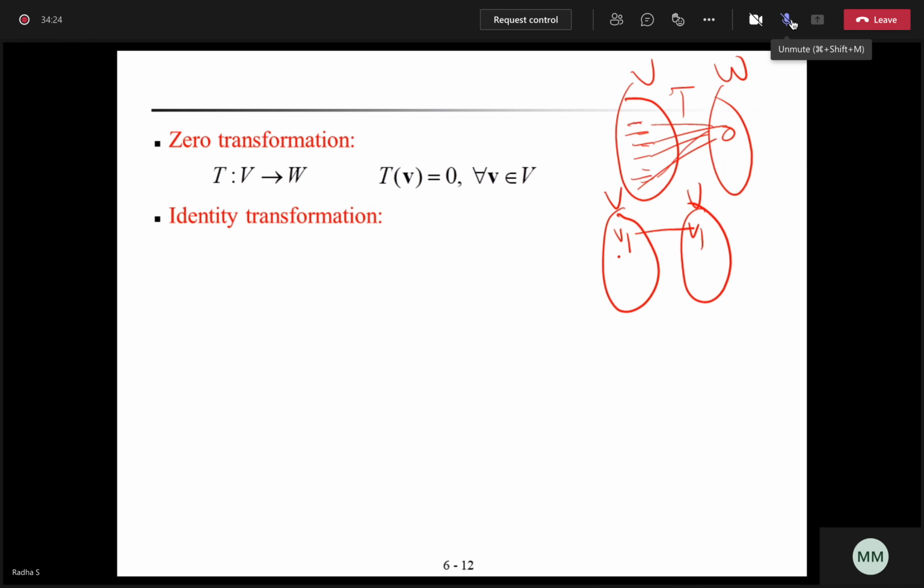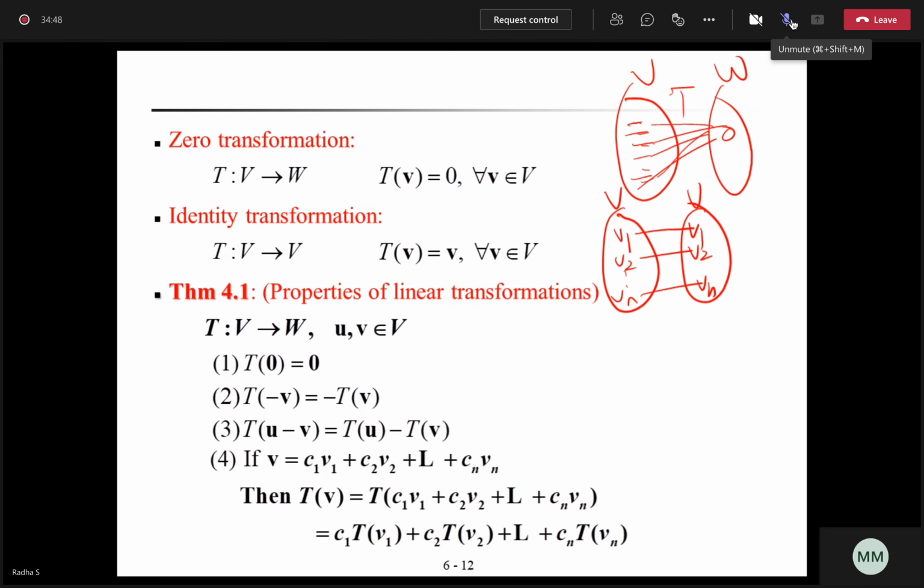Here V1 is mapped onto V1, V2 to V2, and in general any Vn is mapped onto Vn. So the transformation is T from V to V defined by T of v equal to v. Any vector v in capital V is mapped onto itself. Okay.